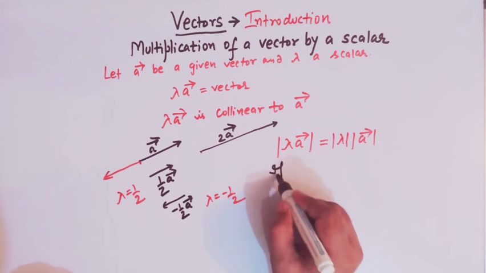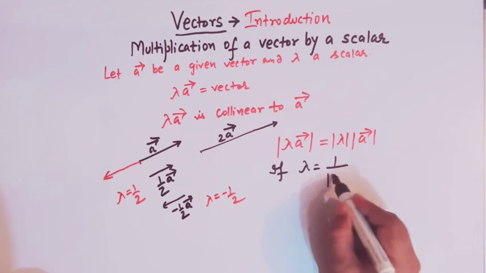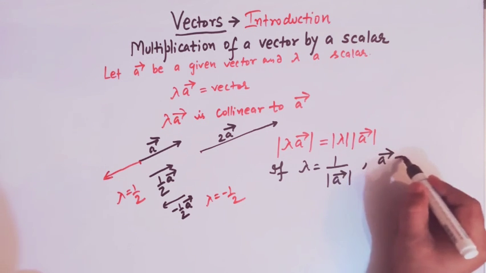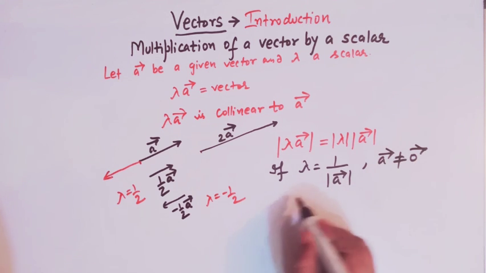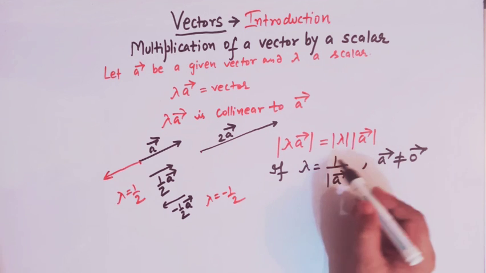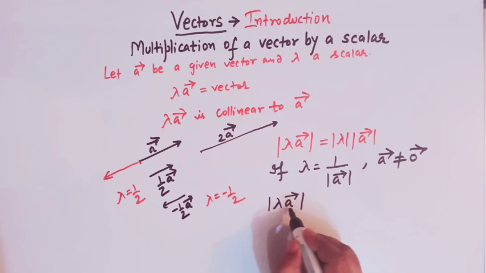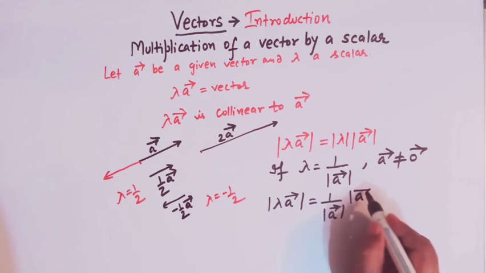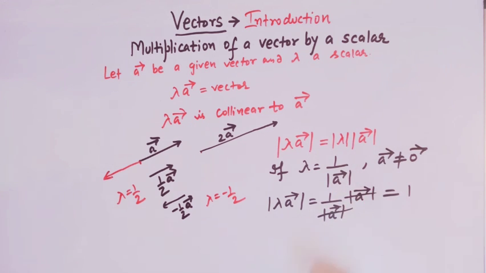Now if lambda is equal to 1 divided by the magnitude of vector A, provided vector A is not equal to the 0 vector, then if we substitute this value of lambda here, we see that the magnitude of lambda A vector is equal to 1 divided by magnitude of vector A. Here we have magnitude of vector A. Both these quantities get cancelled and we have 1.